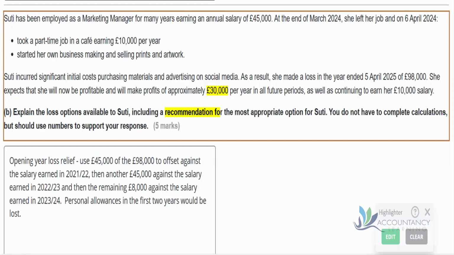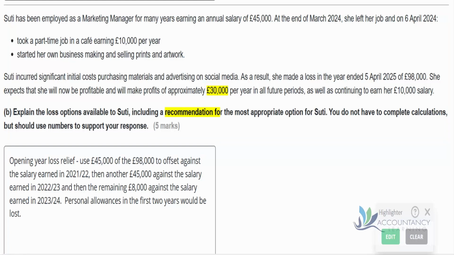So money will come back into her business quite quickly and she can use that for growing her art business. But that would lose those personal allowances. If that's more important, if she wants to use more of her losses, then she'd want to carry those forward so that she can at least use her personal allowance against the 10,000 salary from the cafe.